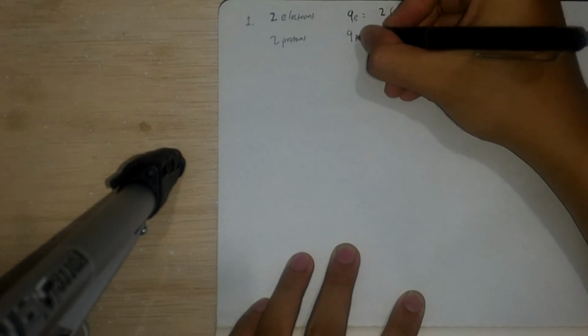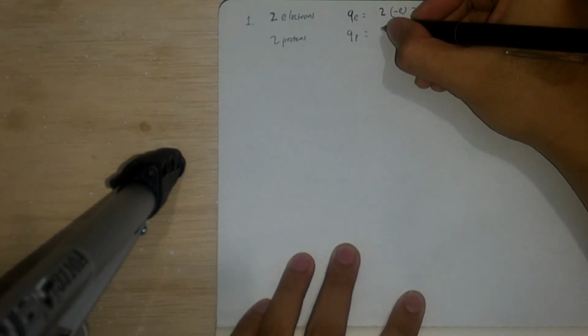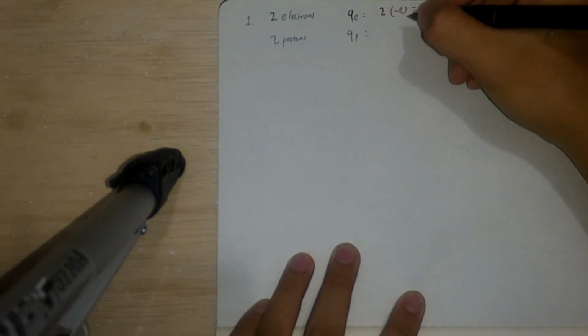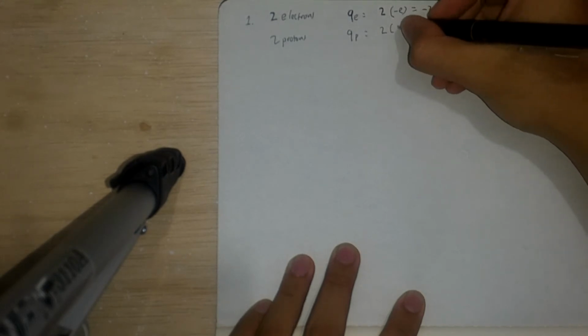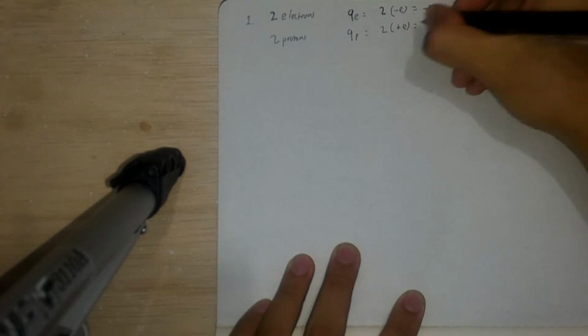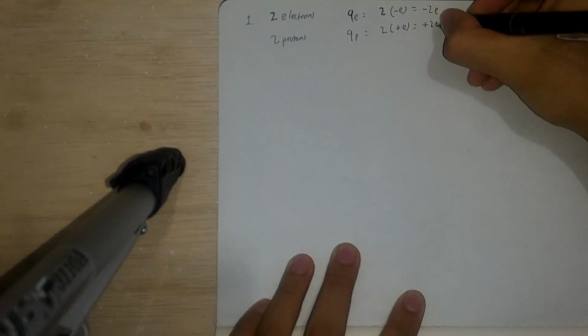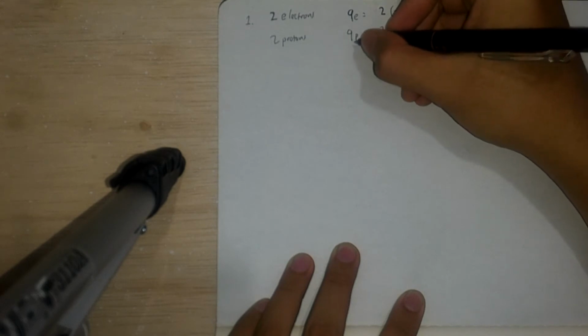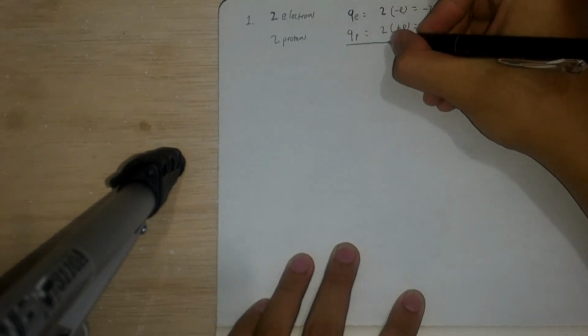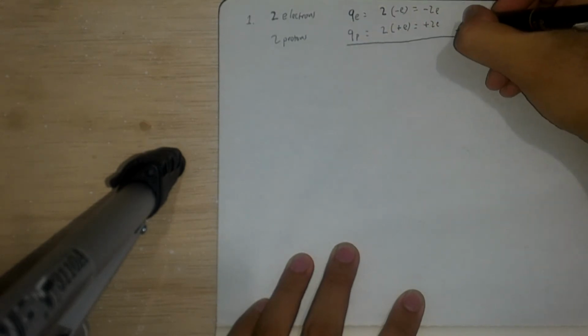The charge of the proton, same as the electron, is 2 times the charge of one proton, which is positive e, which is positive 2e.